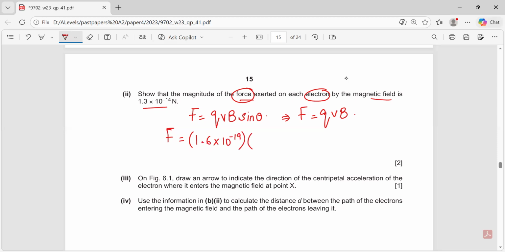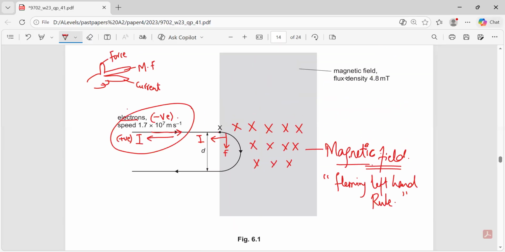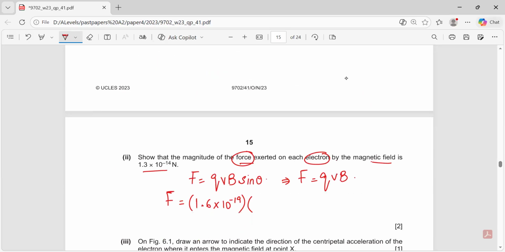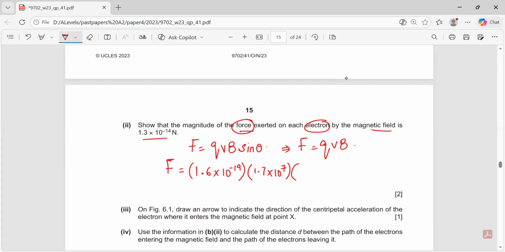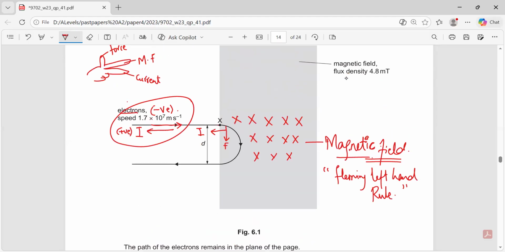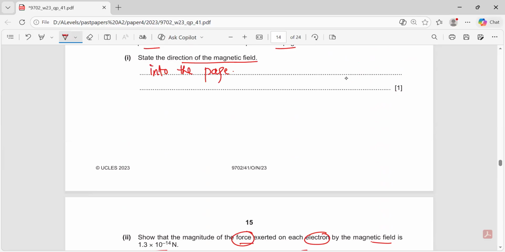What is the speed with which this charge is moving? The speed is written here. The speed is 1.7 into 10 power 7. And what is the value of B? The B is called as magnetic flux density. The value of B is given to you as 4.8 millitesla.